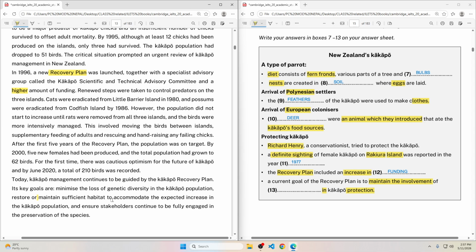Maintain sufficient habitat. Maintain the involvement of habitat. No, it does not make any sense. Maintain the involvement of stakeholders. Maintain the involvement of stakeholders in Kakapo production. Yes, our answer is stakeholders.